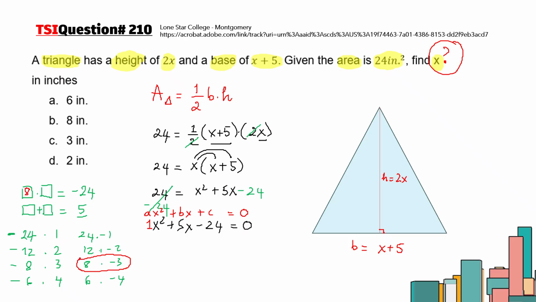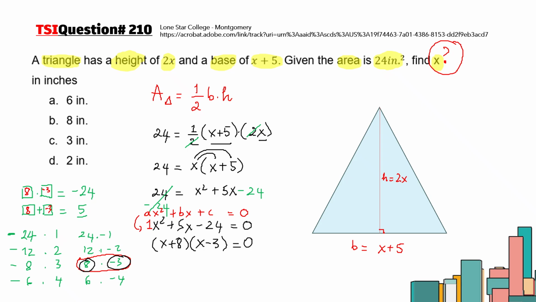So 8 times negative 3 is negative 24. Then we have 8 plus negative 3, that is 5. Because a equals 1, the coefficient of x squared, we just make the factors x plus 8, and then x minus 3, that equals 0.